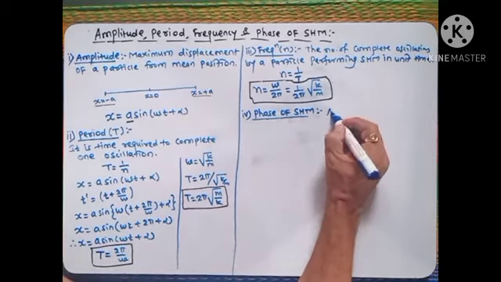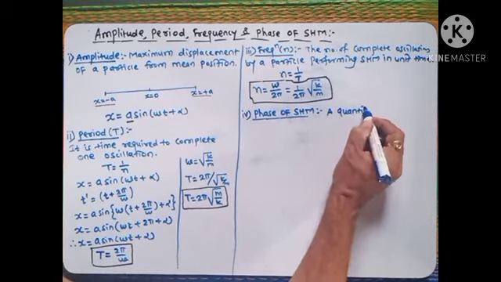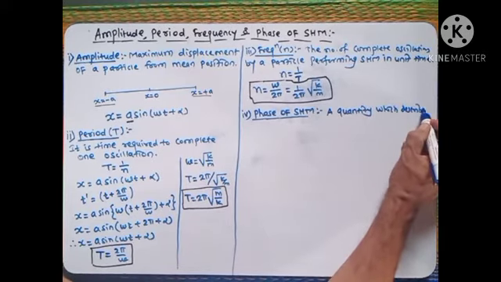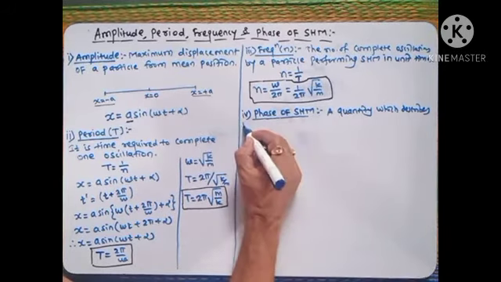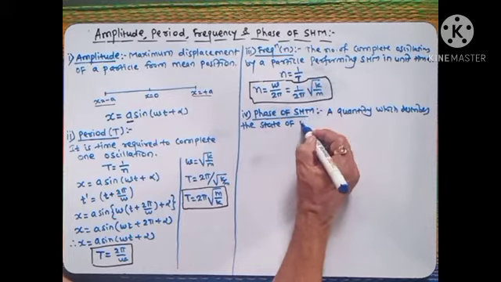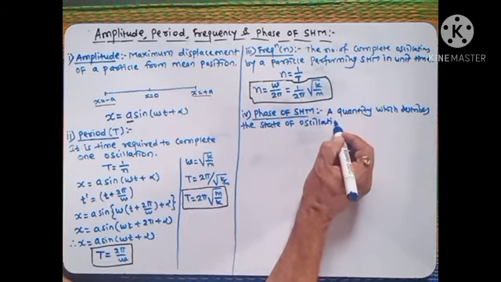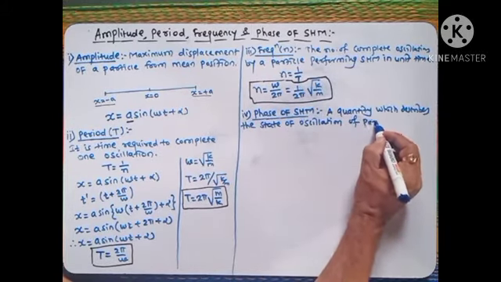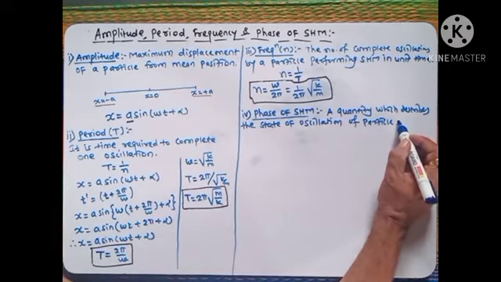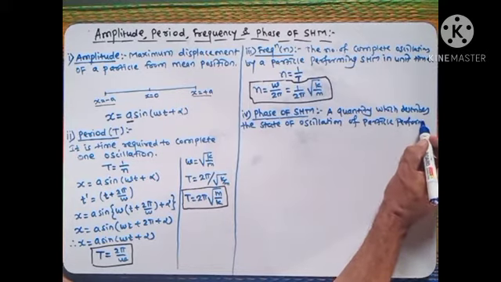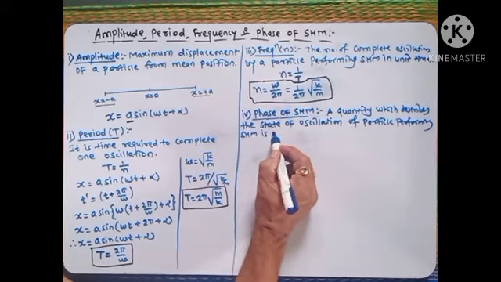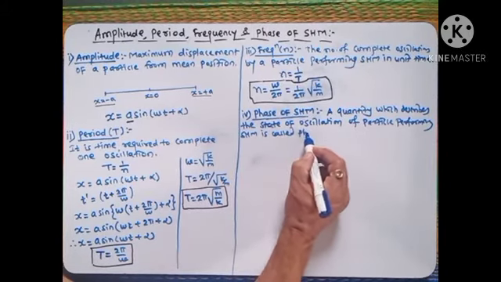A quantity which describes the state of oscillation of a particle performing SHM is called phase of SHM.